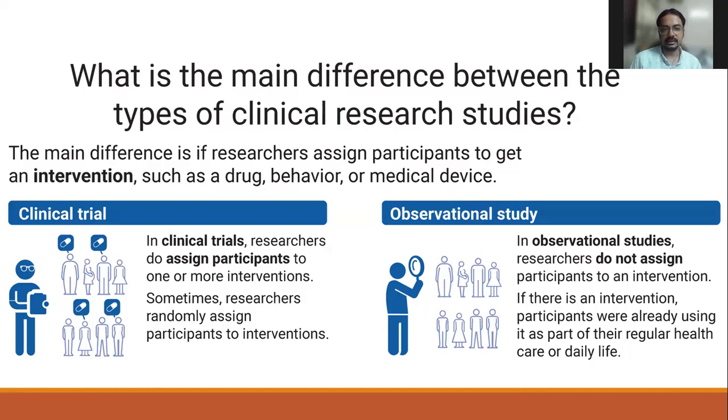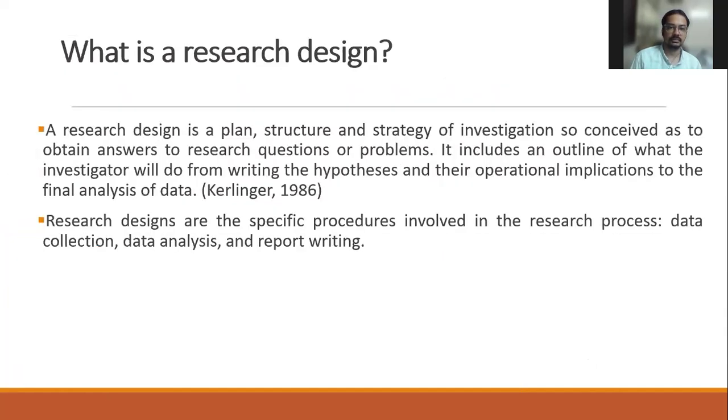In a clinical trial, researchers do assign participants to one or more interventions. Sometimes researchers randomly assign participants to the intervention. In observational studies, researchers do not assign participants to an intervention. If there is an intervention, participants were already using it as a part of their regular healthcare or daily life.